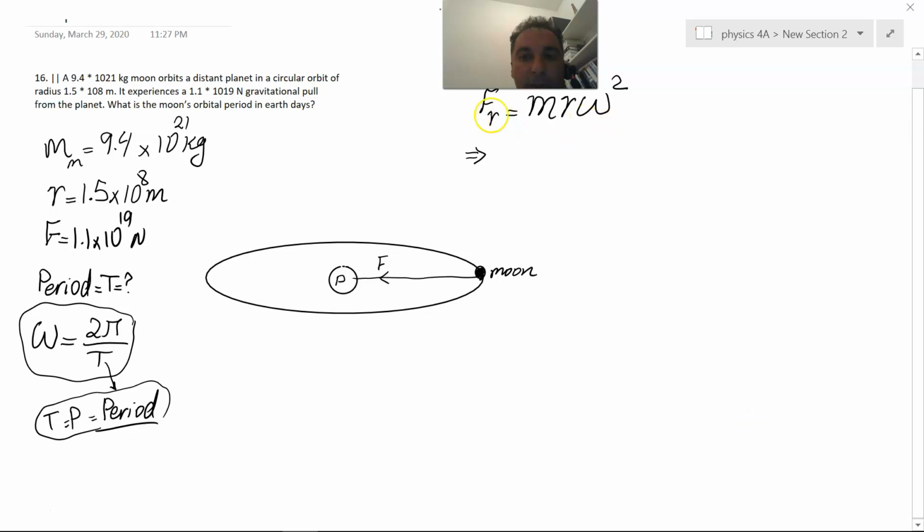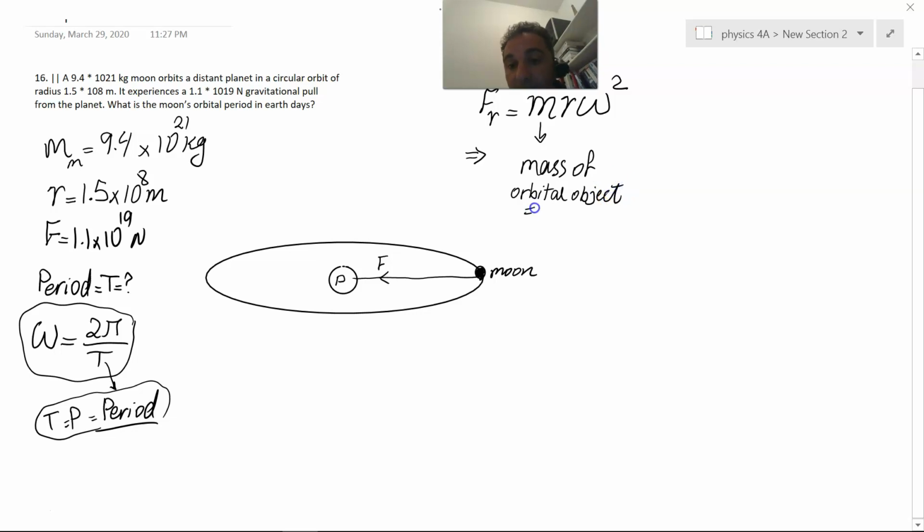So I do have Fr, I do have mass of the moon, not mass of the planet, mass of the orbital object. So this m, remember, is the mass of the orbital object, the object that rotates. Don't forget.